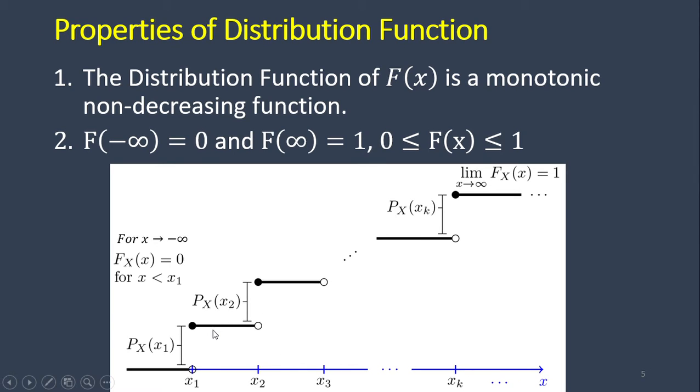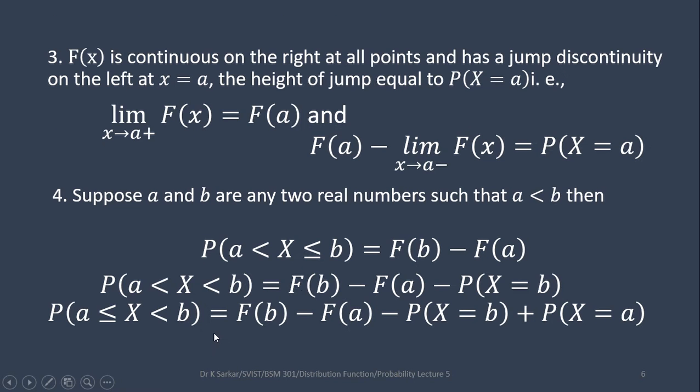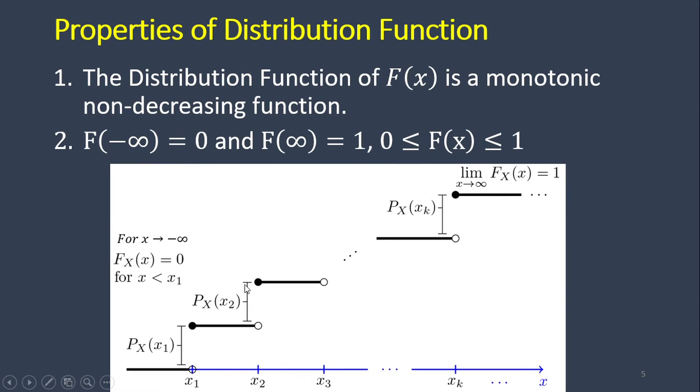And in the left-hand side, F(a) minus limit x tends to a minus of F(x) equals probability at X equals a. So you look, this much is the probability at X equals a.